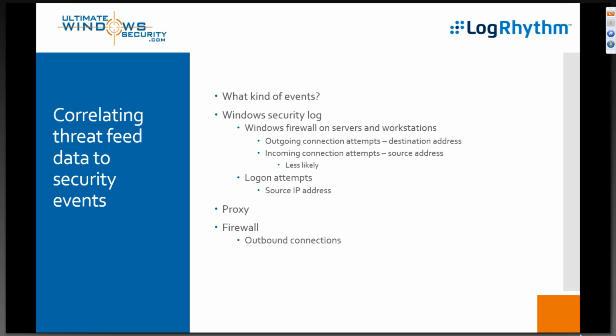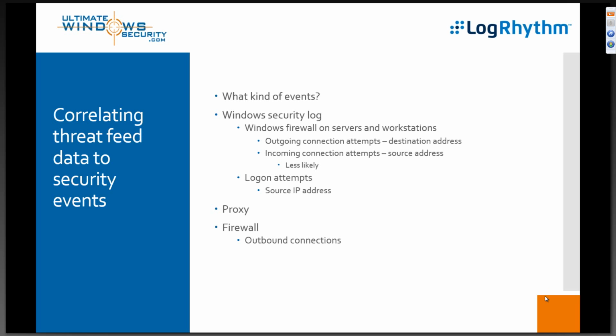By the way, most of the threat feeds we're talking about today pertain more to your outbound connections than incoming. But of interest to me is what kind of events in the Windows security log we could correlate threat feed data to. It's a no-brainer to do it with logs from your proxy server or your firewall. But what about your Windows security log?